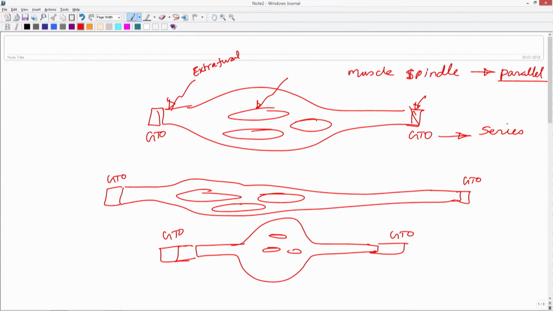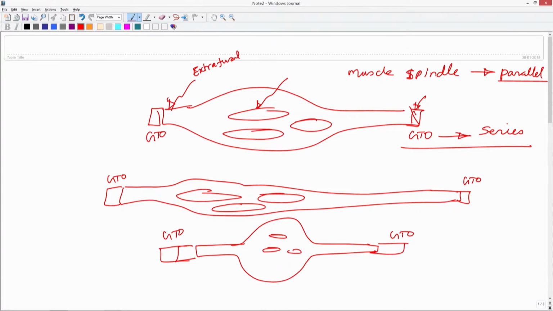So, you can see that the GTO, which is in series, gets the opposite of what the muscle is actually doing. The GTO gets elongated when the muscle is shrinking, whereas the muscle spindle gets elongated when the main muscle is elongating. Okay. This arrangement again is very important.